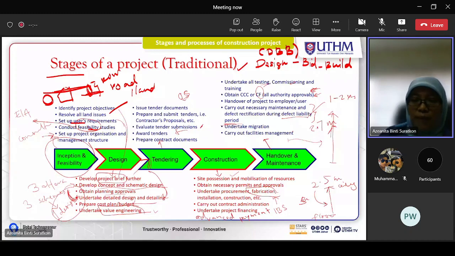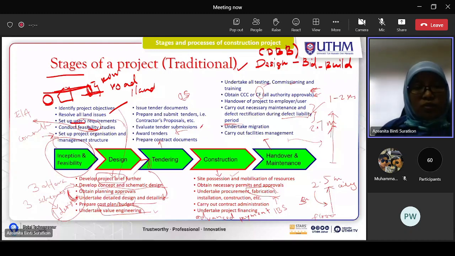This is part of the project or the building life cycle. Maybe the building can last for 20 years, 30 years, 100 years. So this facilities management has to be carried out throughout the years. Okay, any question, class, so far? No, Doctor. Right, okay.